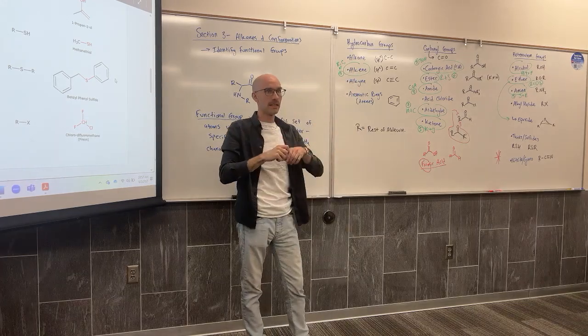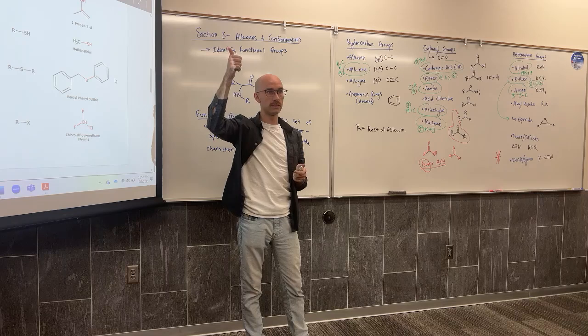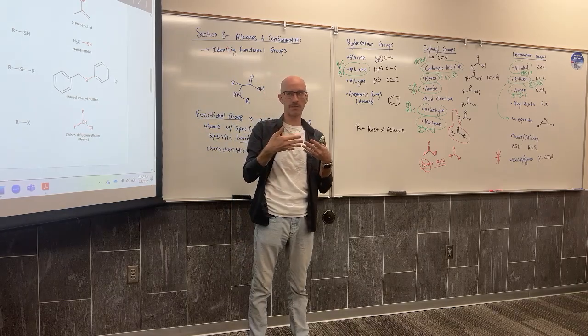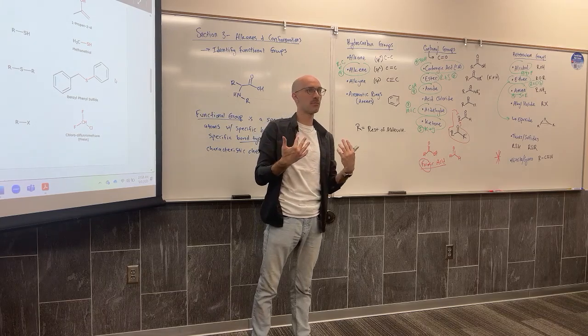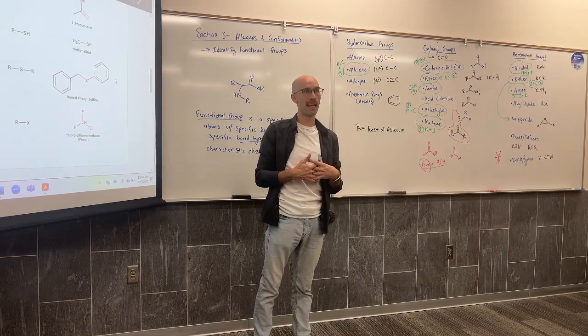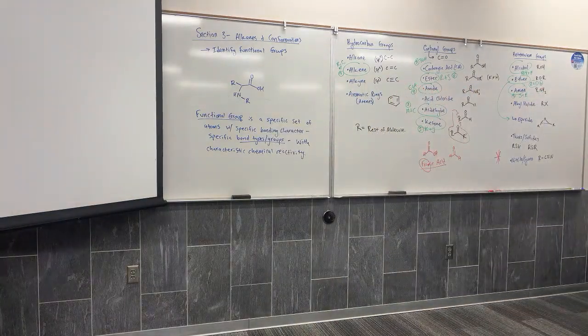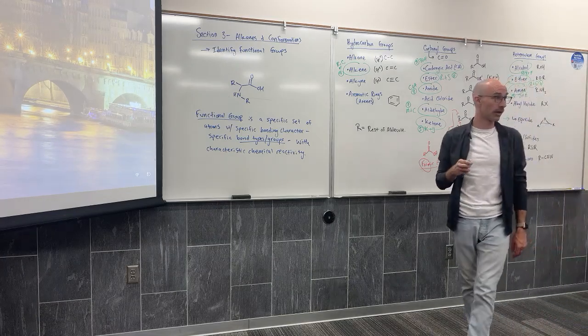Okay, so here's what I would like you to do. Find that molecule that has your functional group. Make sure that it connects to your life somehow. It relates to you. And then I'm going to have you bring those molecules to the board and draw them on the board. And in addition to the functional group you chose, we're going to work out any other functional groups that are in that structure as well.